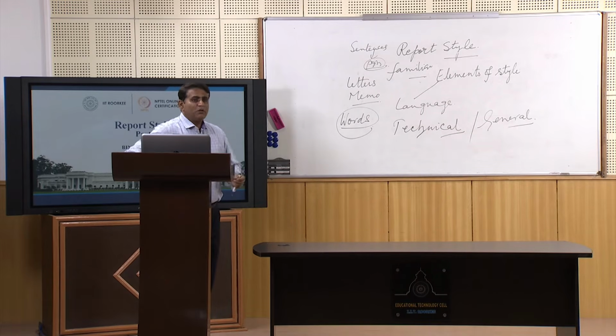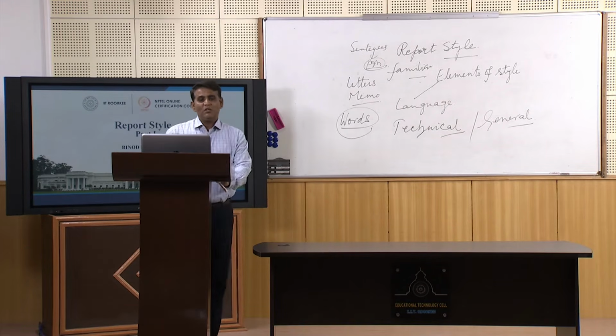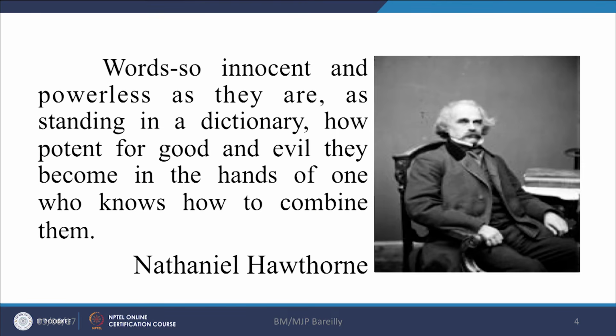As writers, we use words, but sometimes we use difficult words in a way that may impose on the understanding of the other person who is going to read them. So, let us look at what Nathaniel Hawthorne says.